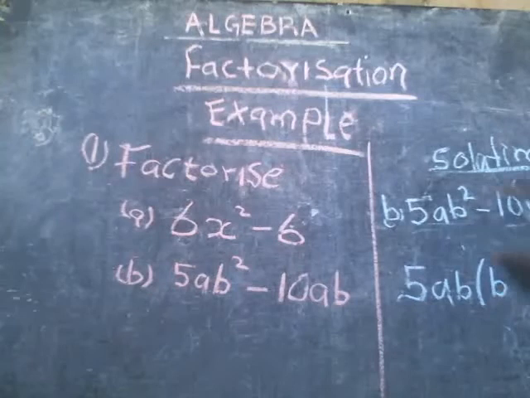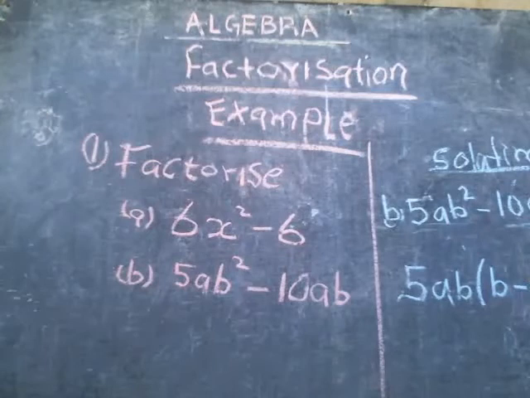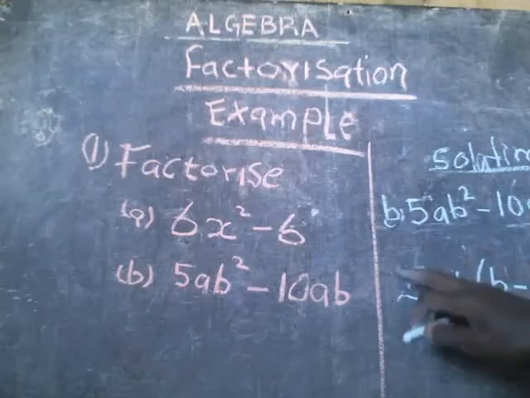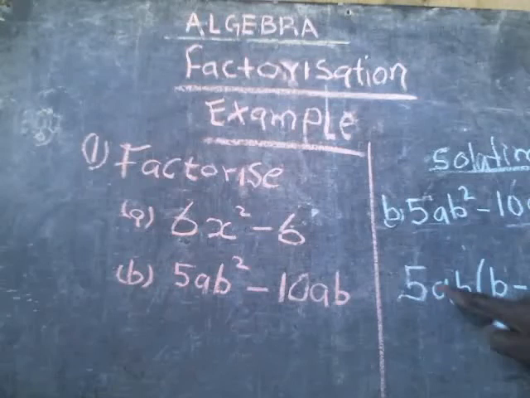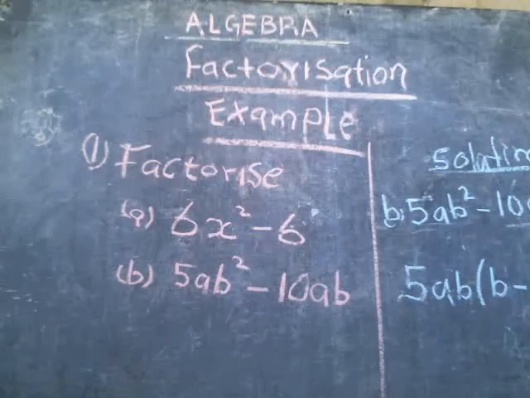So the b that remained is what we are writing here, minus how many times does 5 go into 10? Why are we taking 5 into 10? It's because it is common. So 5 goes into 10 twice.